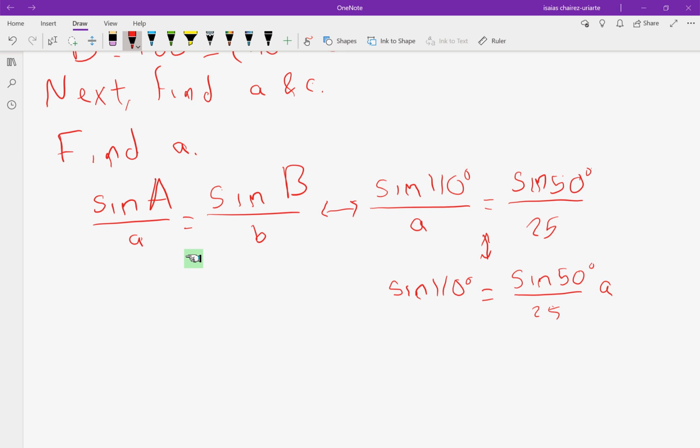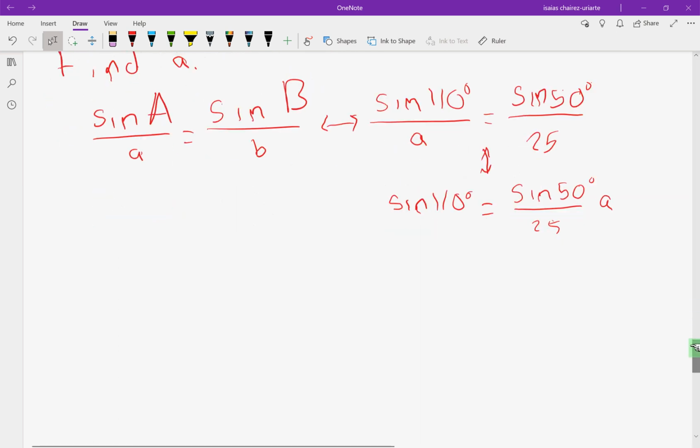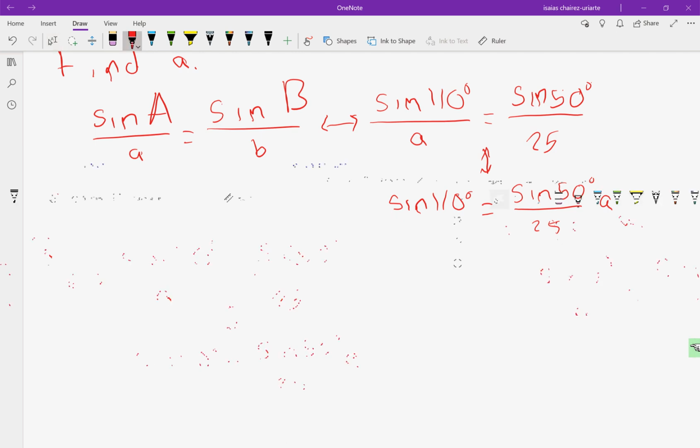And now, what I'm going to do is divide by sine of 50. So I want to divide both sides by sine 50 degrees over 25. Well, dividing by a fraction is the same thing as multiplying by its reciprocal. So I am going to multiply both sides by the reciprocal of sine 50 degrees over 25. And if I do that, then I end up with this.